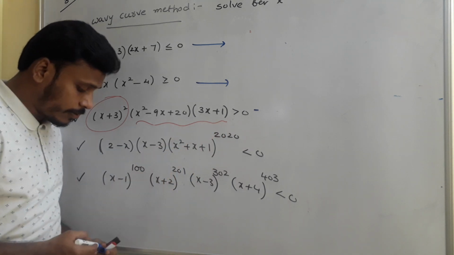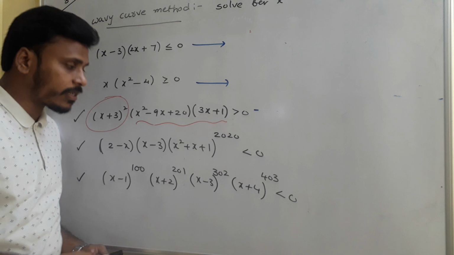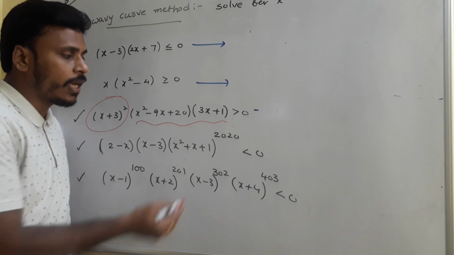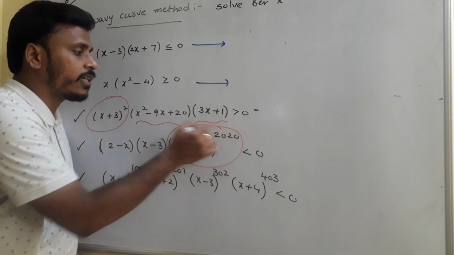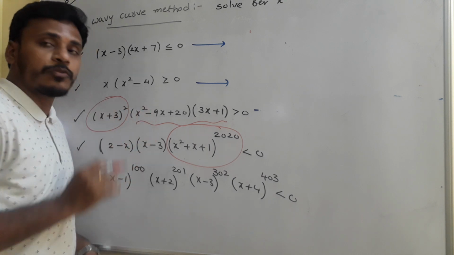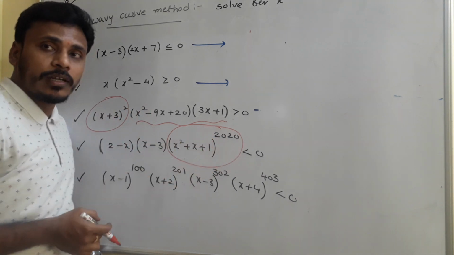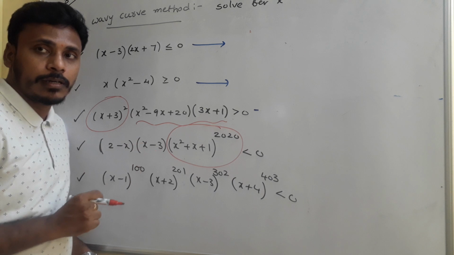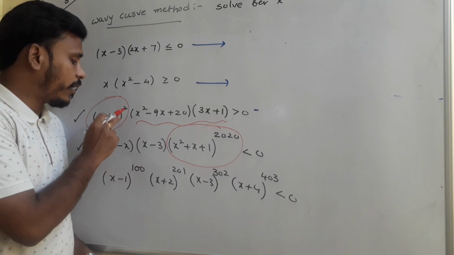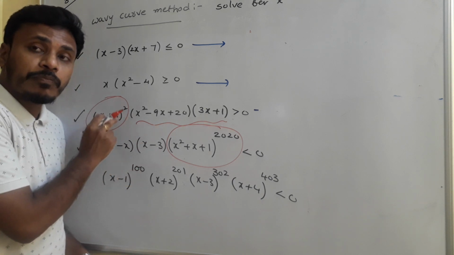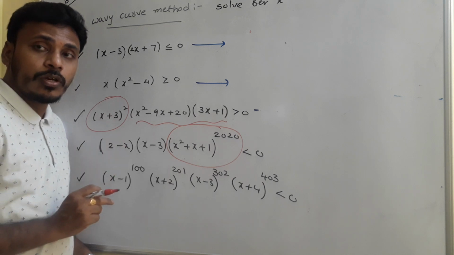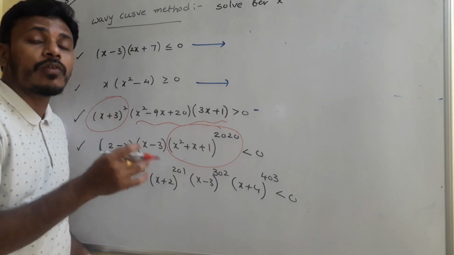See, you just think about this: x square plus x plus 1 power 2020. Nothing is here to solve. Just observe it. Power 2020, the power is an even number. Since, as we mentioned, something whole square is always positive, something power even number is always positive.